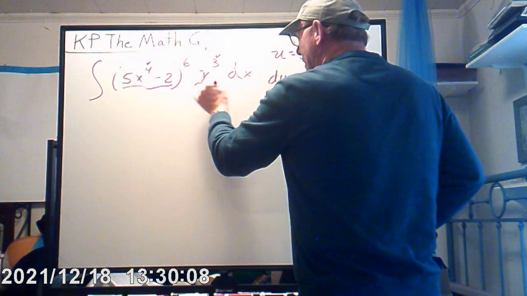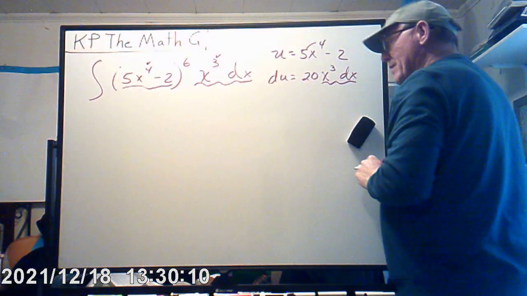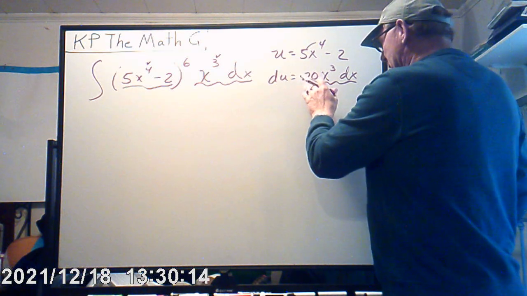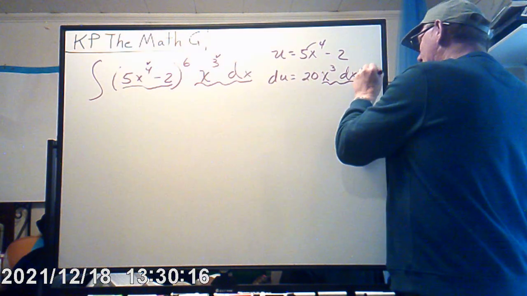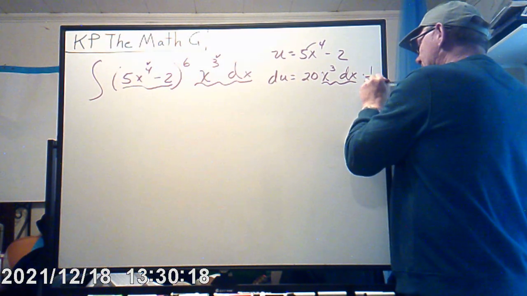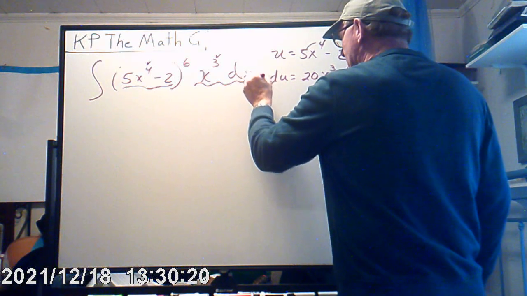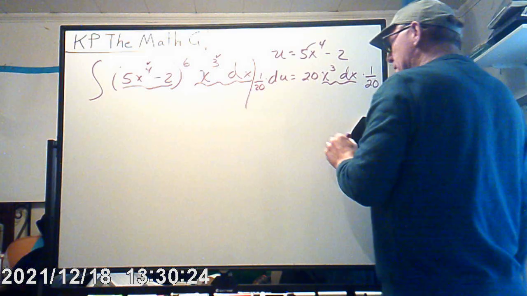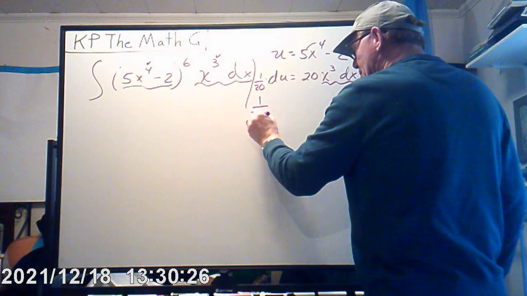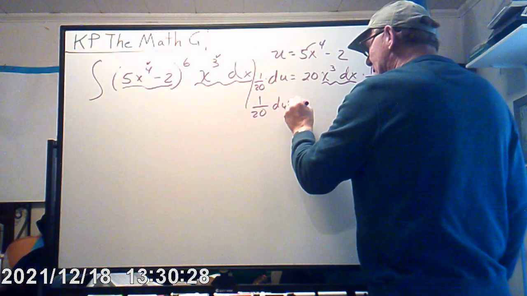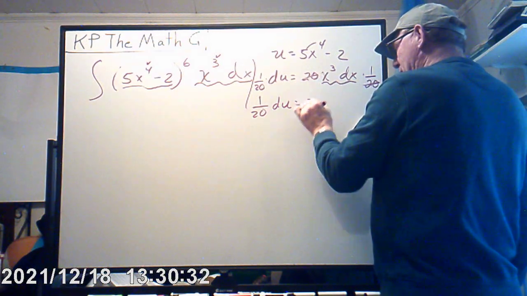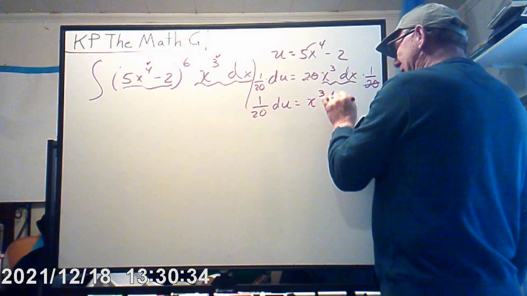Well, look at this very carefully. I have x to the third dx. Now what's standing in the way of it? That's right, the 20. So if I multiply by 1 over 20 on both sides, some people divide by 20, that's okay. So what I have here is 1 over 20 du is equal to x cubed dx.